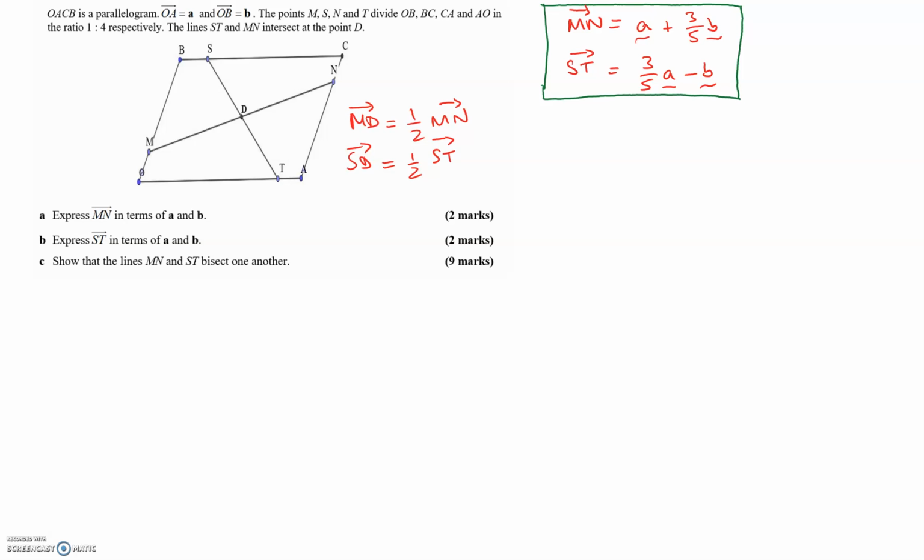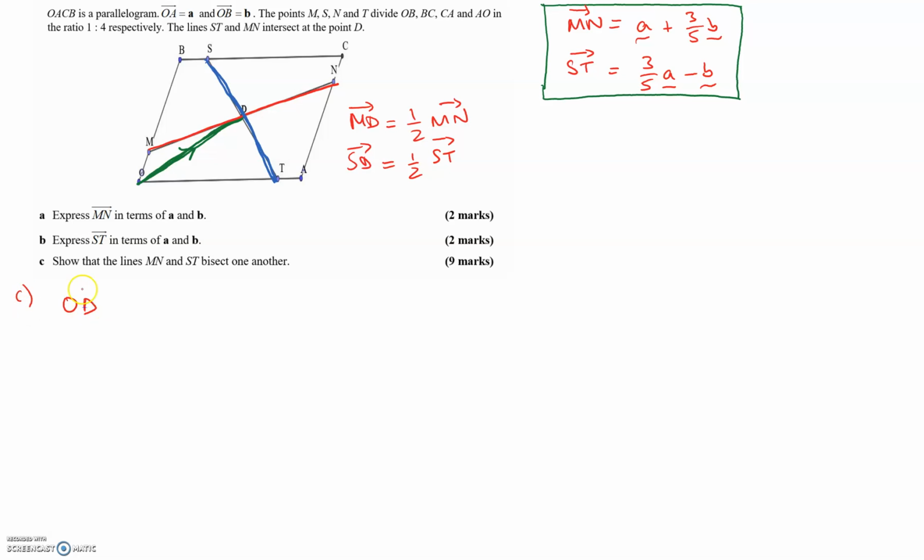In order to do it, we need to consider how we get to D. You can go from any point, but it probably makes most sense to go from the origin. You need to consider 2 pathways of getting from O to D, one of which involves the line MN, and another that involves the line ST. So let's have a look.